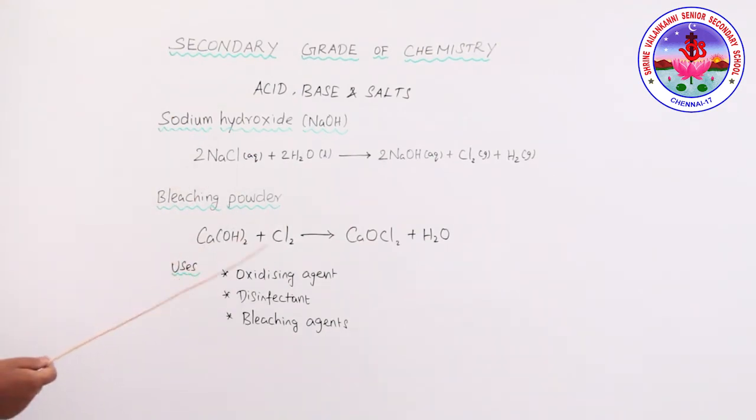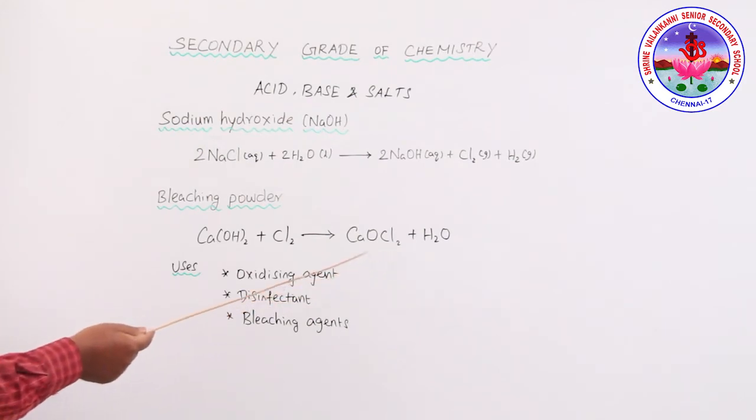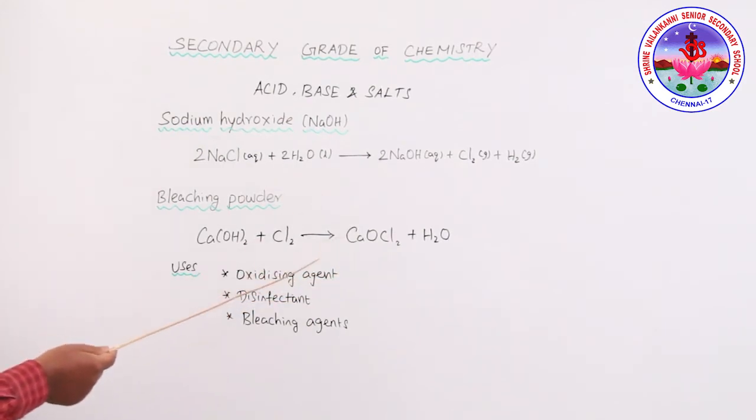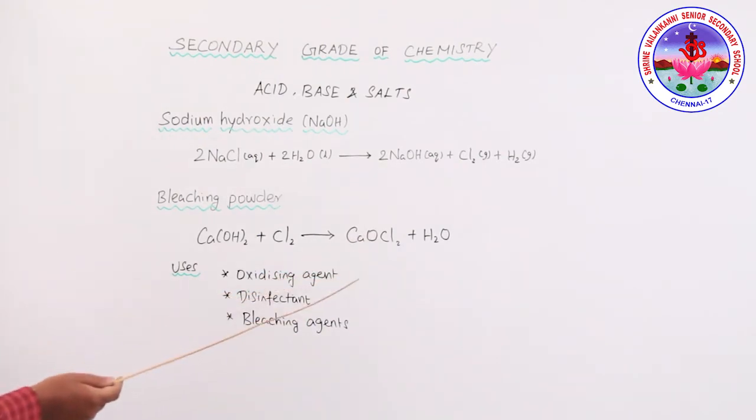The bleaching powder is produced by the action of chlorine on dry slaked lime. The bleaching powder is usually represented as CaOCl2, though the actual composition is quite complex. That is why we are just writing it like this, CaOCl2. So this is the reaction.